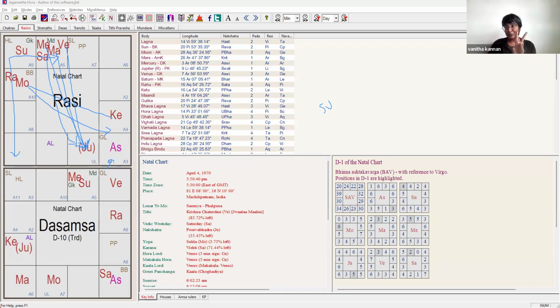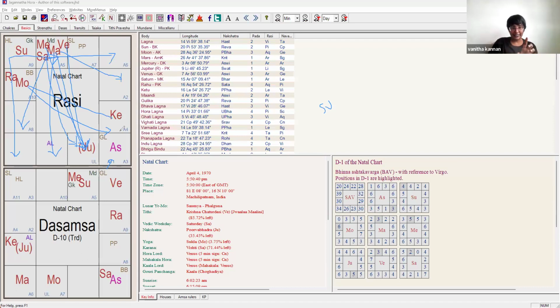Mars has two more aspects, right? 1, 2, 3, 4. So Mars is aspecting one place here, and another here. Then Saturn has 2 more aspects: the third aspect here, the 7th is already here, then 8, 9, 10, and 10 is on Makara.